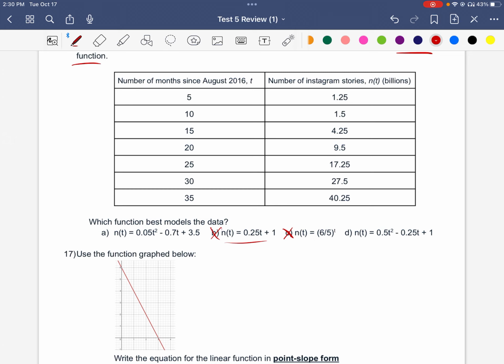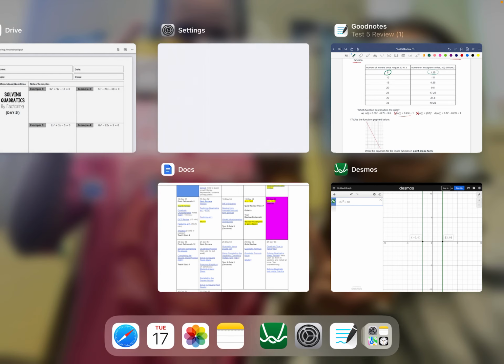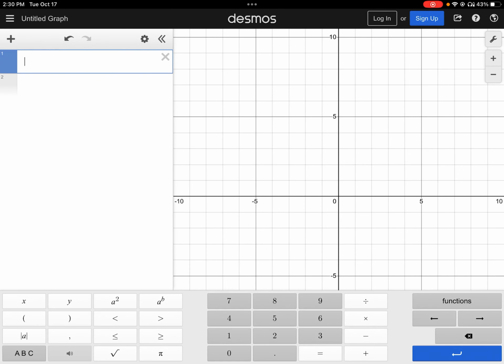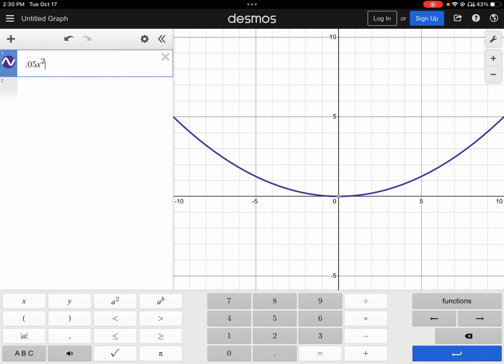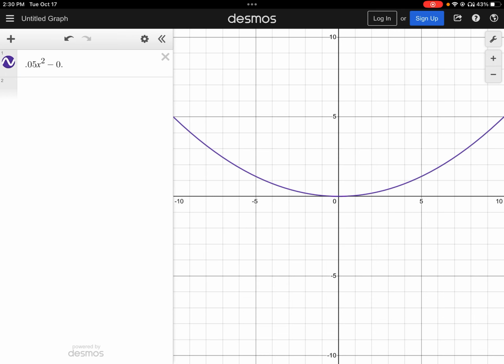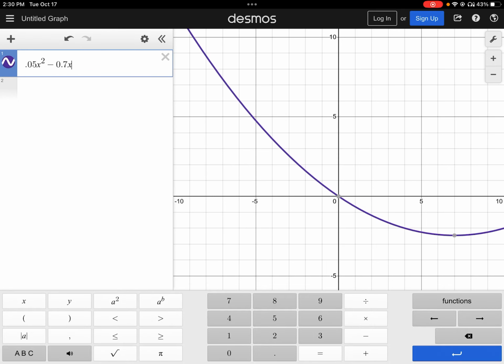A couple things we could do. You could take numbers. So I could substitute and replace the T with a 5 and see which one gives me 1.25. You could do that. I'm going to type in answer choice A in Desmos, and we'll look at it this way. So I'm going to type in 0.05. We have to use X instead of T. Minus 0.7 X plus 3.5.